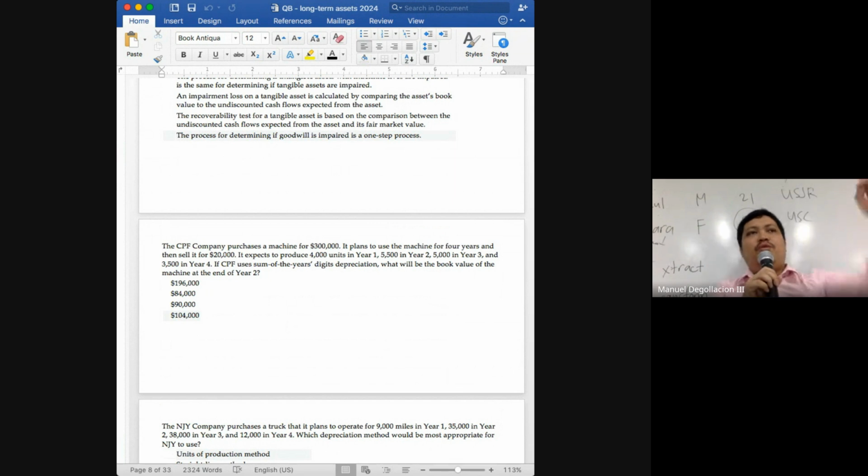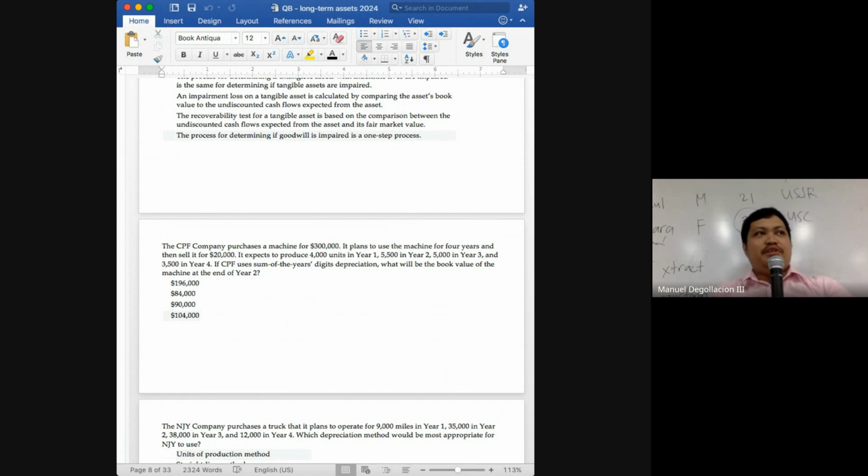Let's go to year 2. What fraction are we going to use for year 2? 3 over 10. Multiply that with 280. How much is 3 tenths of 280? It's 84.